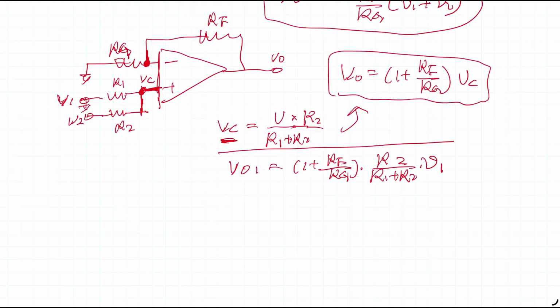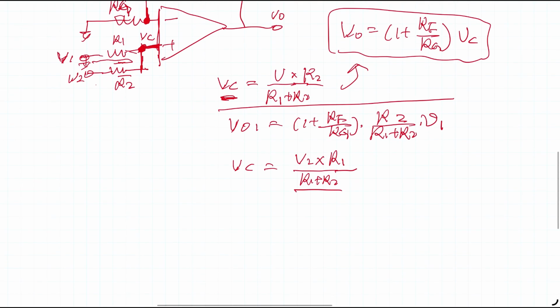Now V2 will go through resistor R2, and R1 form a voltage divider, and the VC in this case equals V2 divided by R1 plus R2 and times R1. Okay, because the current will flow from V2 through R2, R1, and to the ground. So the voltage at this node turns into these values.